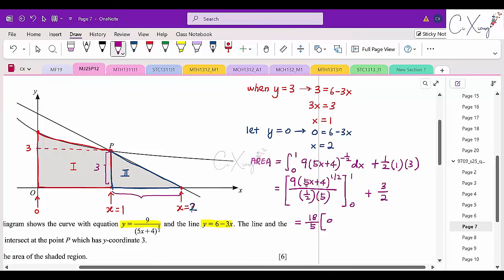Square root 9, you get a 3. Then minus, substitute 0 into the x, you'll have 4. Then plus 3 over 2. Square root 9, you get a 3. Square root 4, you get a 2. So 3 minus 2, you get a 1. Then simplify again for the answer. By right, you will get 51 over 10.